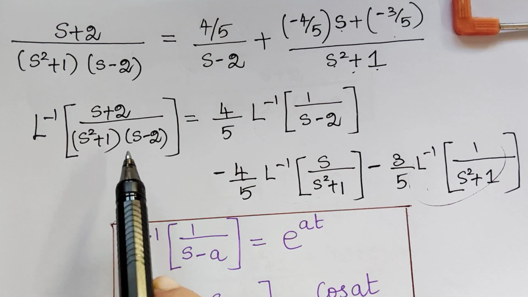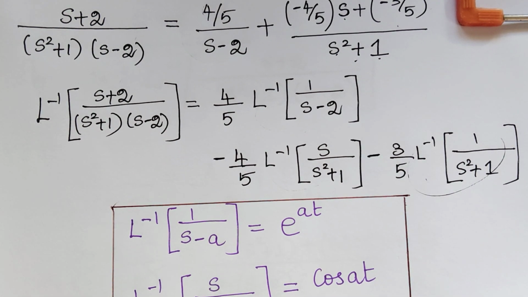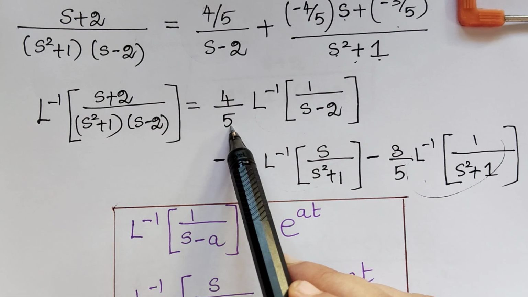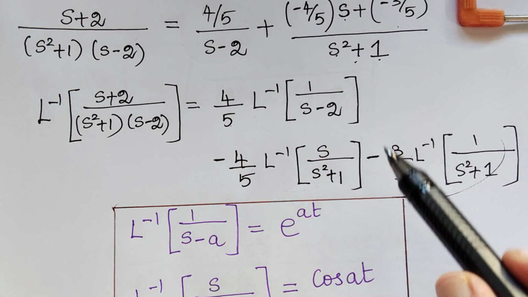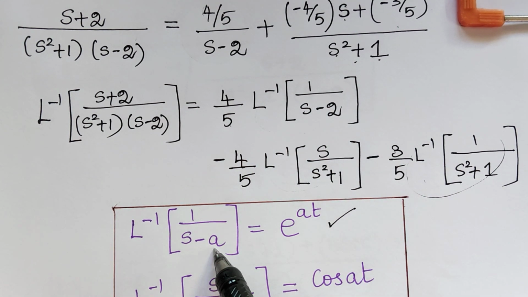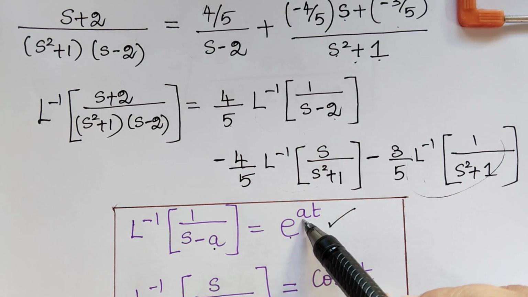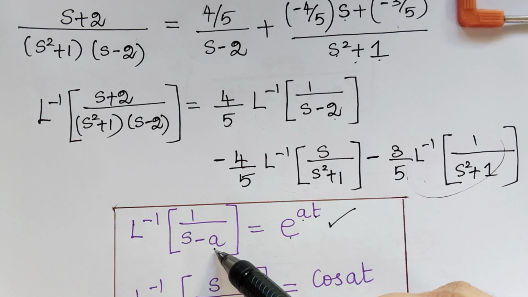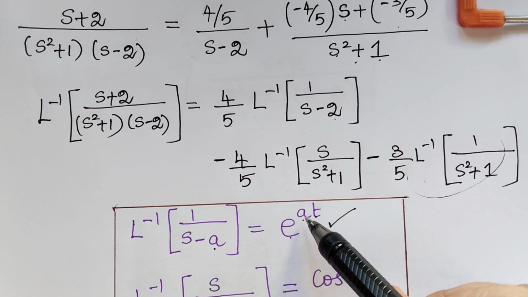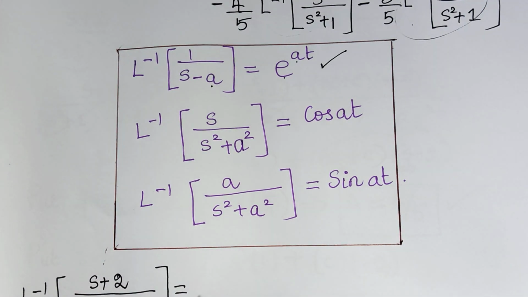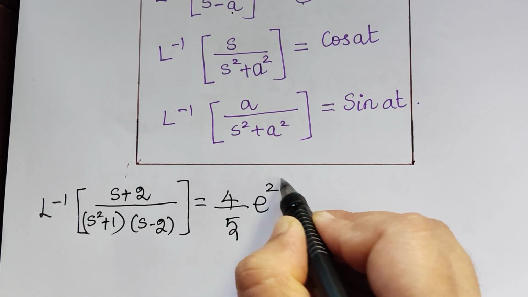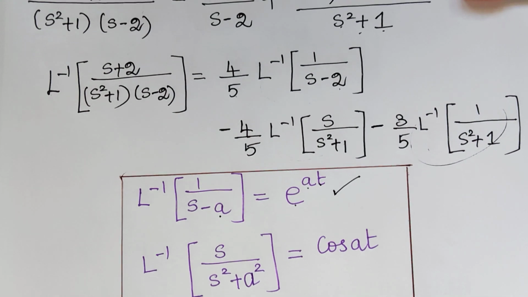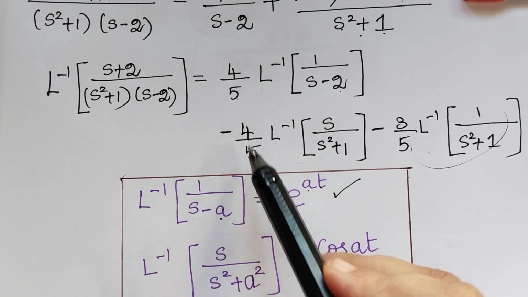So therefore the given question will be equal to, what is the first term? 4 by 5. Inverse Laplace transform of 1 by s minus 2. So we should use this formula where the value of a is what? 2. So when we apply that, we will have e to the power 2t. So 4 by 5, you will get 4 by 5 e to the power 2t. And now we will come to the second term. The second term is minus 4 by 5.